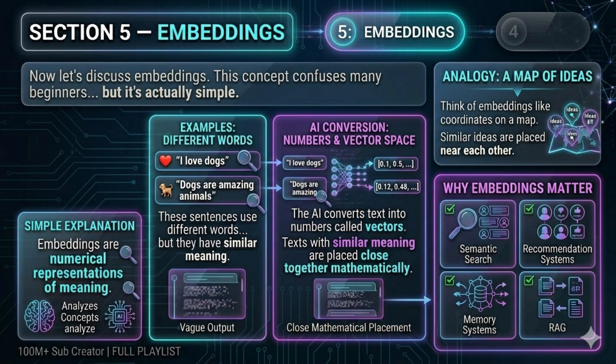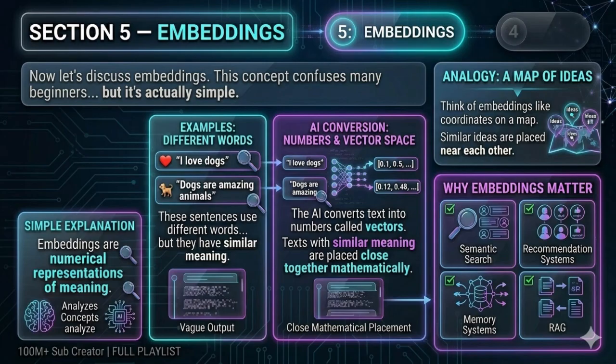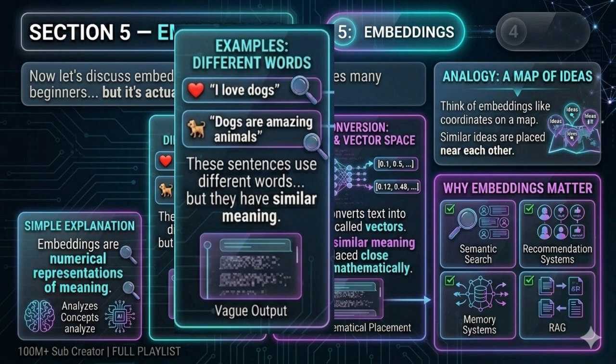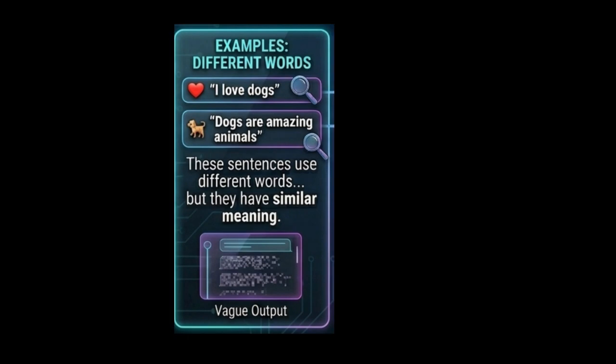What are embeddings? Now let's discuss embeddings. This concept confuses many beginners, but it's actually simple. Embeddings are numerical representations of meaning. Imagine this sentence: I love dogs. Dogs are amazing animals.